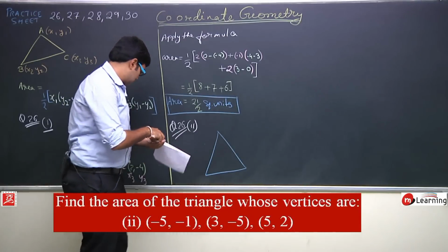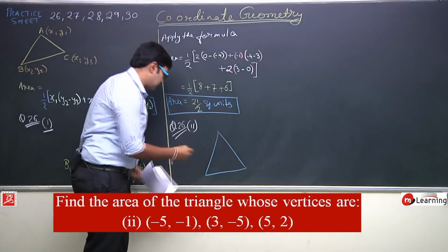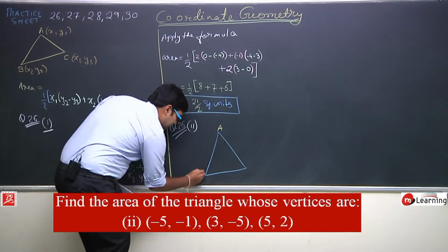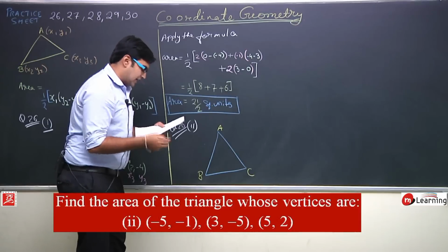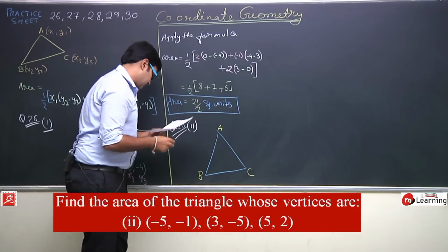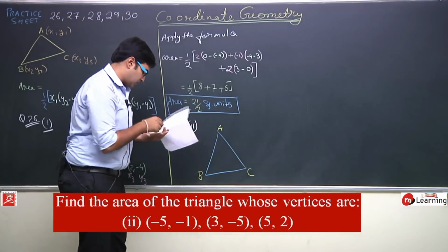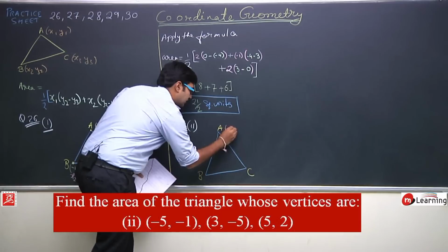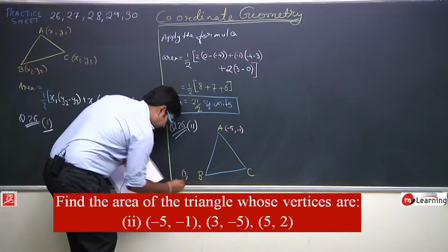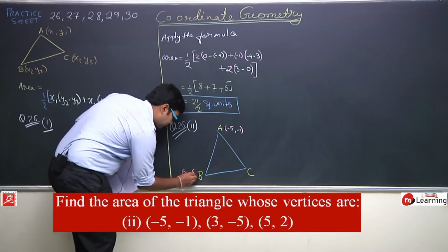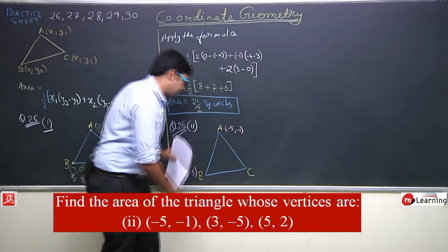Now, let us say this is A, this is B, and let us say this is C. And the vertices of the triangle are given as: this is minus 5 comma minus 1, then 3 comma minus 5, and then 5 comma 2.